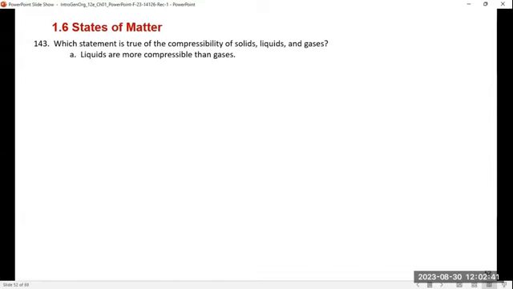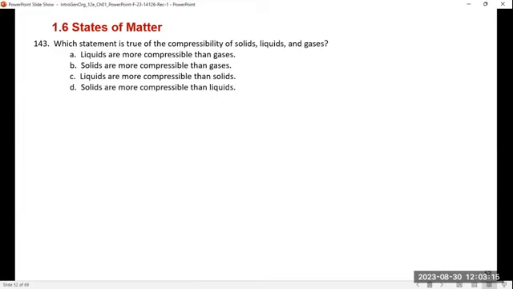That's false. Solids are more compressible, that's false also. Liquids are more compressible than solids. In a way, it's easier to compress a liquid, as in brake fluid. Solids are more compressible than liquids. That's not true. Liquids are easier to compress than solids. Therefore, the answer should be C.